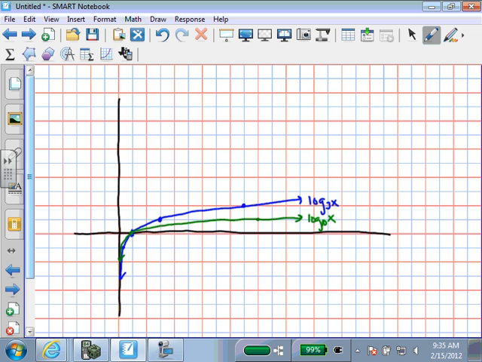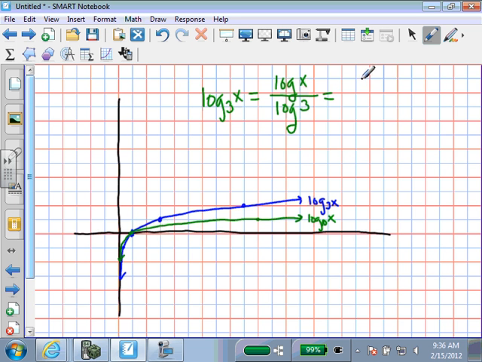Okay, and why does this work? Well, let's take a base 3 log. So if I wanted a base 3 log, so log base 3 of x, and I use change of base, it would say log base 10 of x divided by log base 10 of 3.